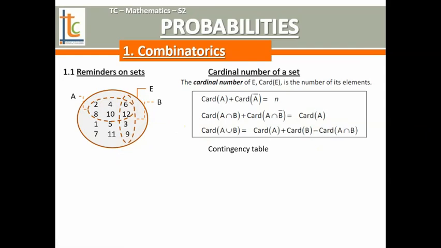Let's see now another way to represent this kind of situation, another compared to the Venn diagram. A Venn diagram will be complicated if I take a lot more elements inside my set E. A table is a simple way to count the elements in every one of the 4 subsets that appear here.